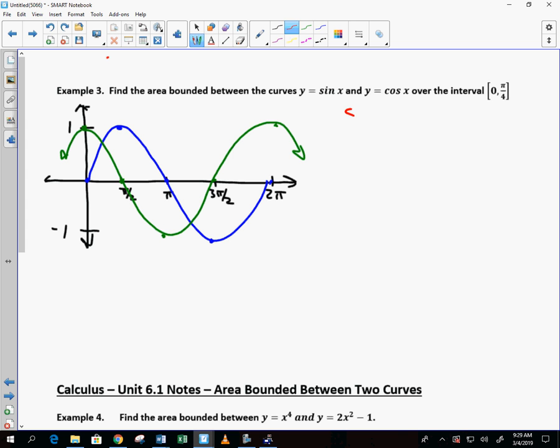We're going to set sine of x equal to cosine of x. Do you remember how we solved that equation?